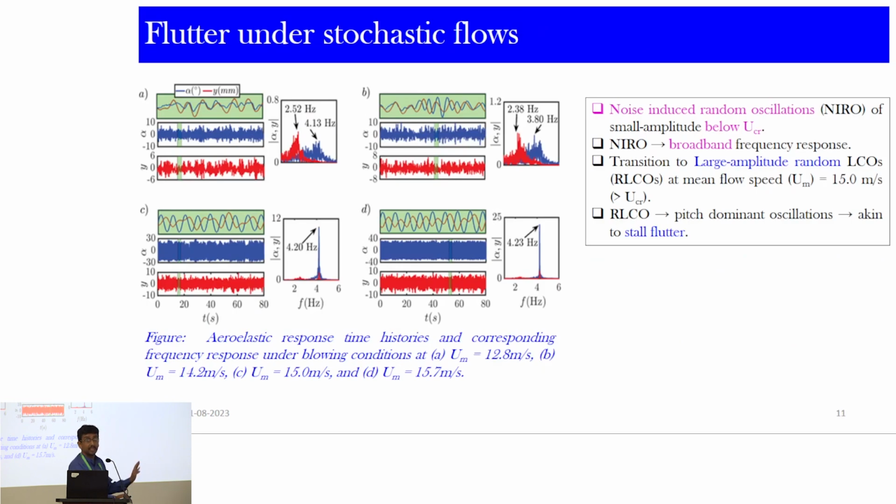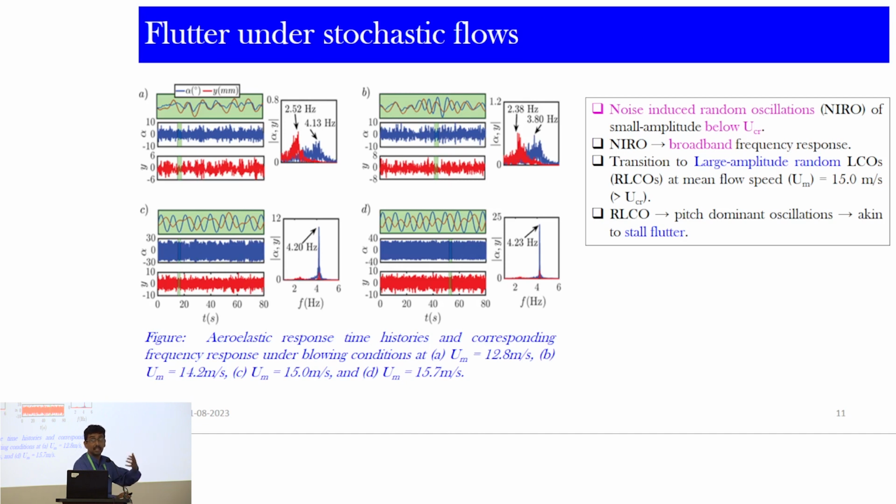Next, assuming that what we did in the blowing conditions is indeed what we call a stochastic flow, we had a noise-induced intermittency route to LCO transitions, and here it is more interesting to observe what happens, because intermittency is neither a fixed point type of decaying behavior nor a continuous limit cycle kind of response.